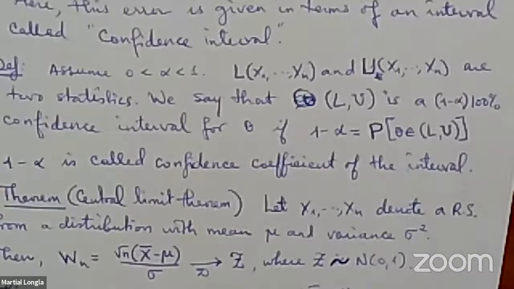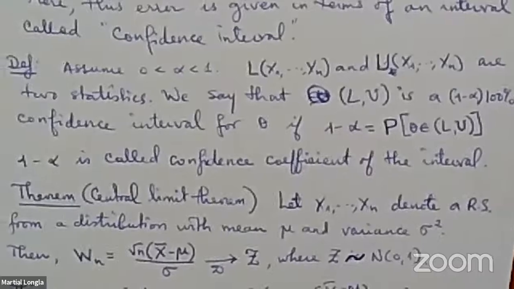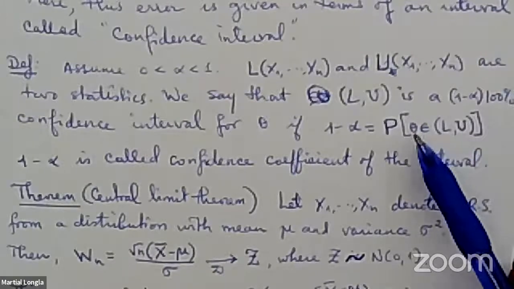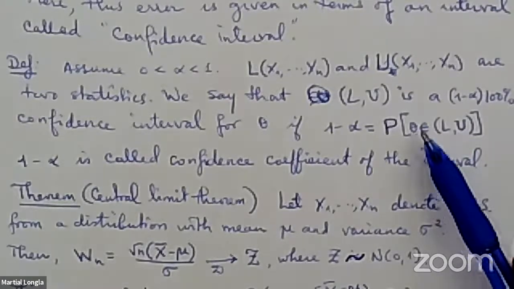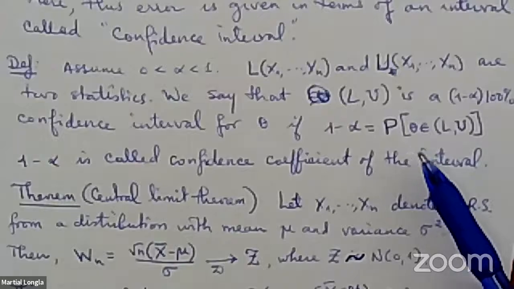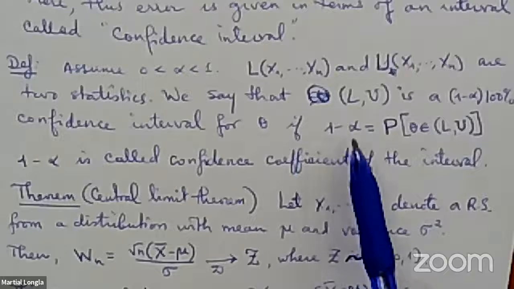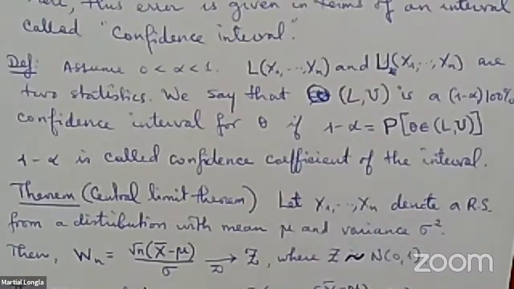That's what I was saying in words earlier. So you have a 100 times 1 minus alpha % confidence interval if you can build U and L such that the chance for theta, which is the true value that you are trying to estimate, falls within that interval with probability 1 minus alpha. And that therefore means that not falling there will have probability alpha. That's the maximal error you can afford.